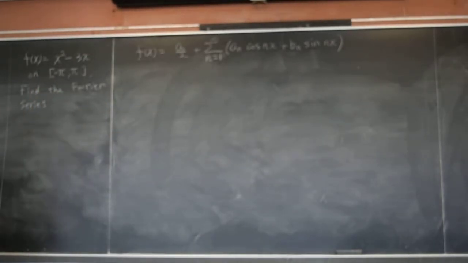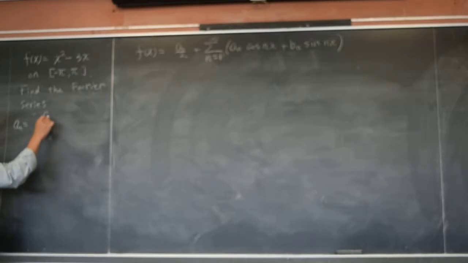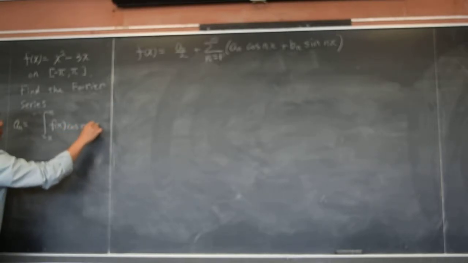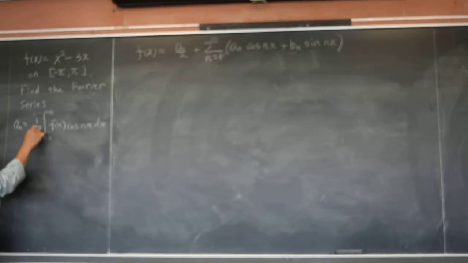Okay. All right. So last time we learned that to get an, you have to integrate the function from negative pi to pi, the function against cosine nx dx, and you have to multiply by 1 over pi.